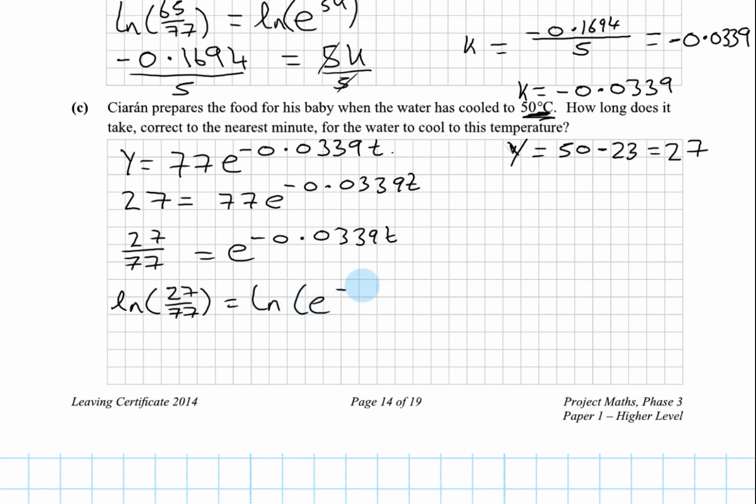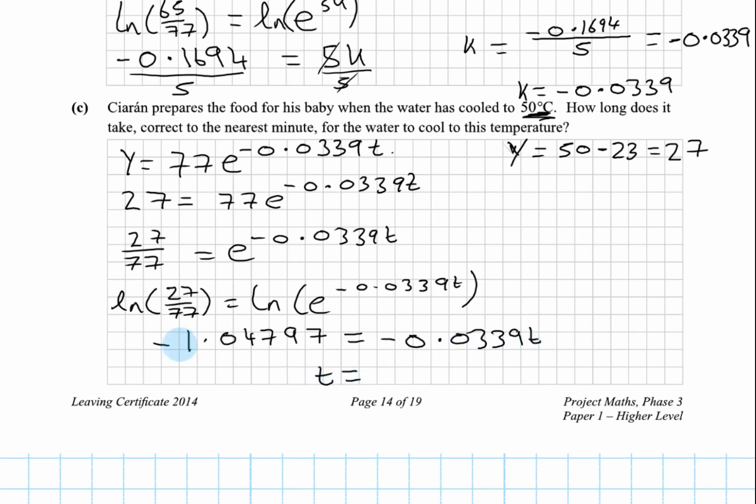So very similar. And we're then left with ln of 27 over 77 is minus 1.04797, and that equals minus 0.0339t.